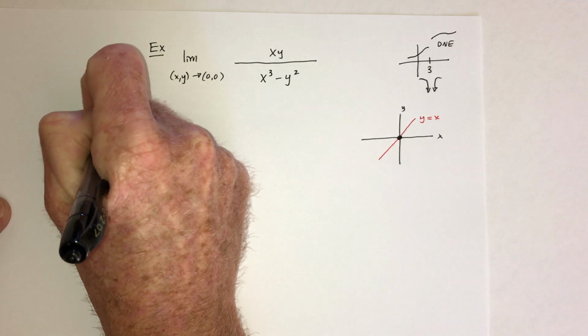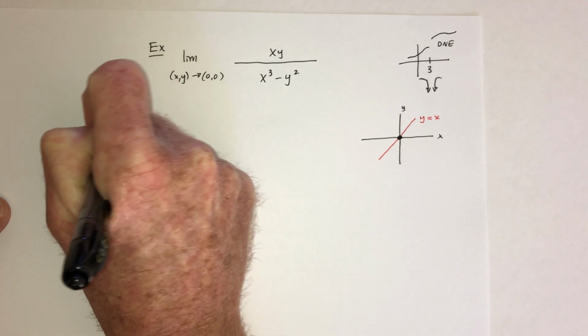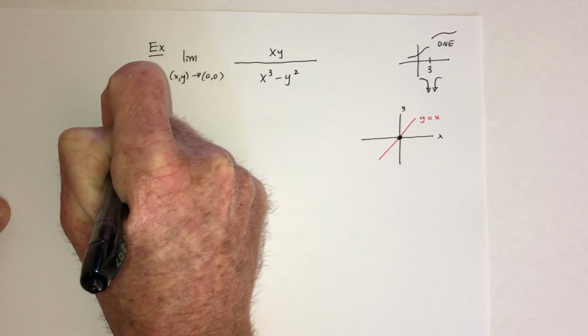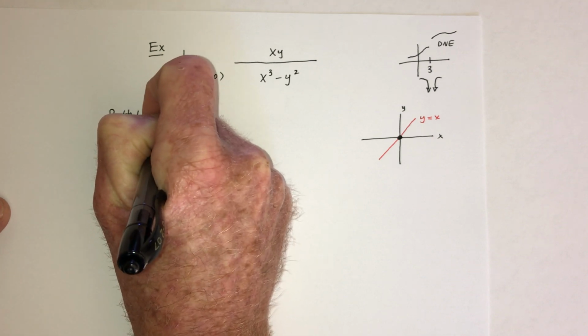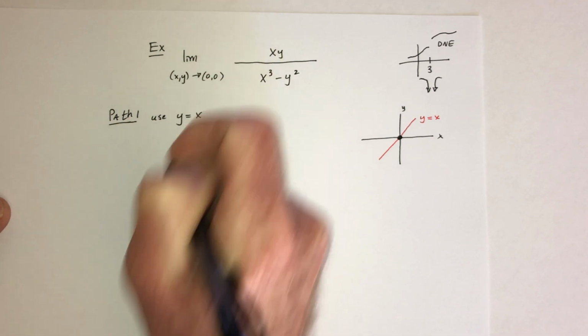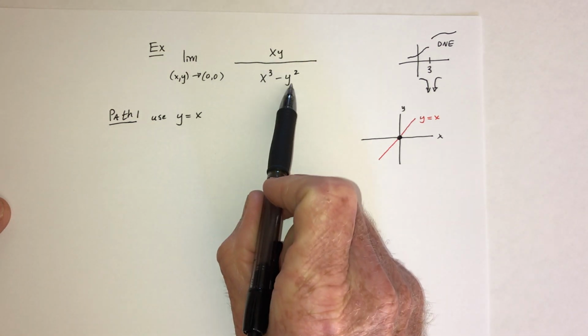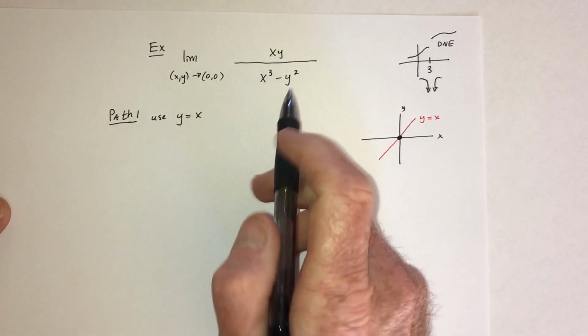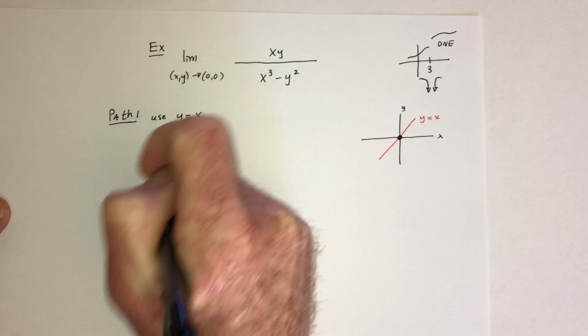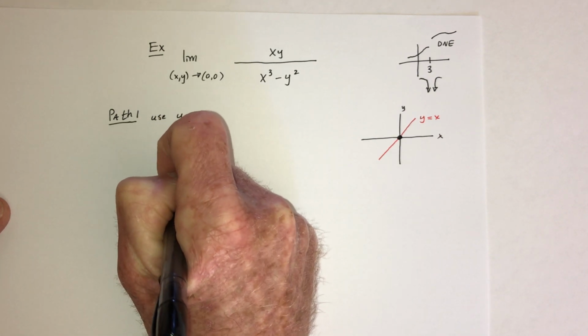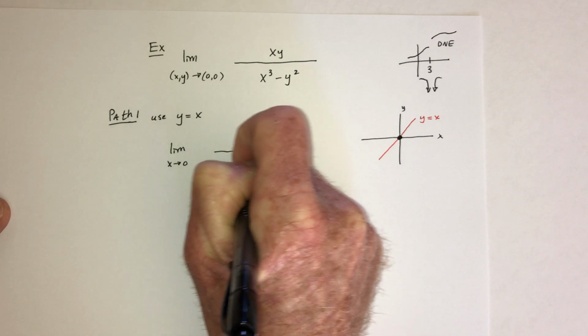So this is going to be called path number 1. So for path number 1, use the line y equals x. So in other words, this is going to become an x, and this is going to become an x squared. So then we're basically now making it one variable as x goes to 0.